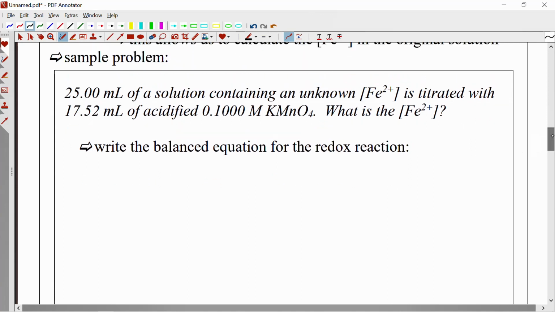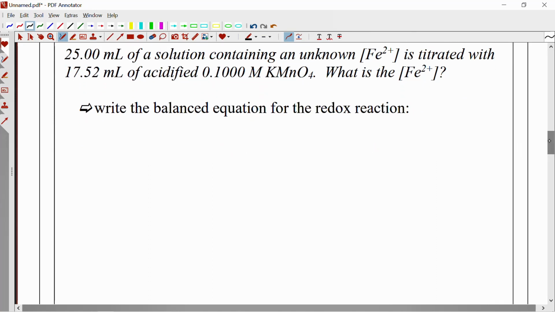So, sample problem. 25 milliliters of a solution containing an unknown concentration of iron 2 ion is titrated with 17.52 milliliters of acidified 0.1 molar potassium permanganate. What is the concentration of iron 2 ion?